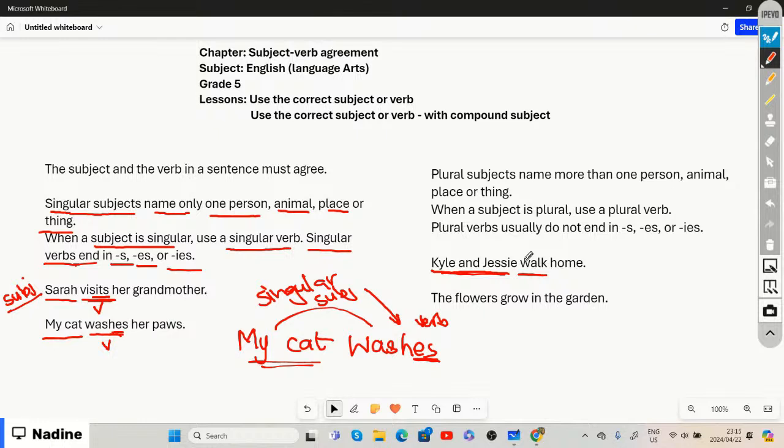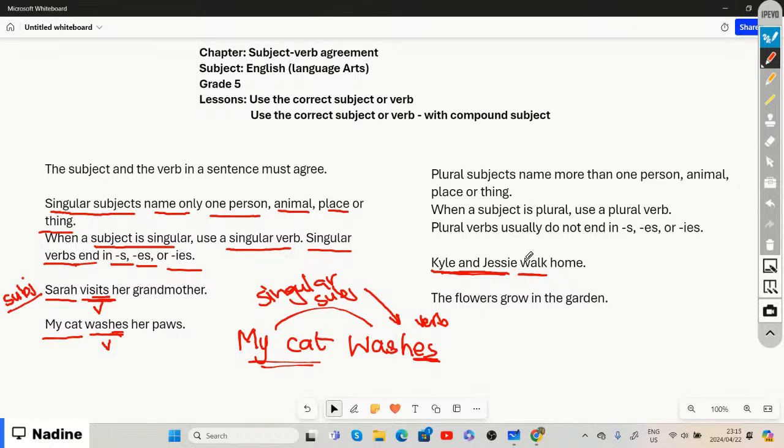And if we refer to more than one person, animal, place, or thing, which is our plural subject, then our verb does not end with an s, es, or ies. Remember, we're talking about the action.